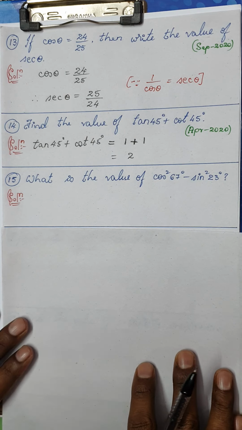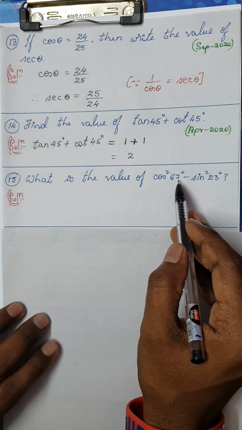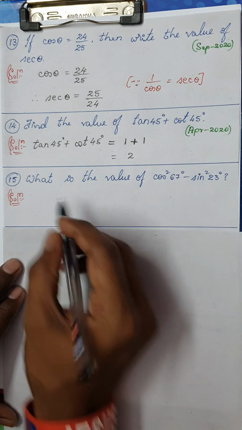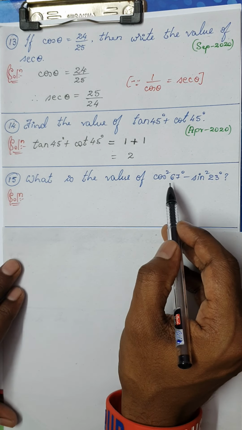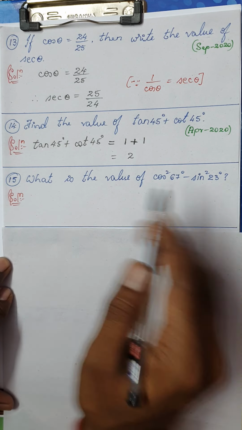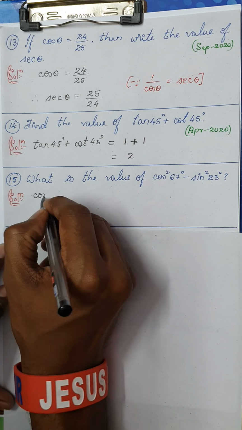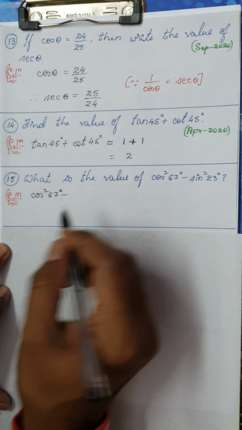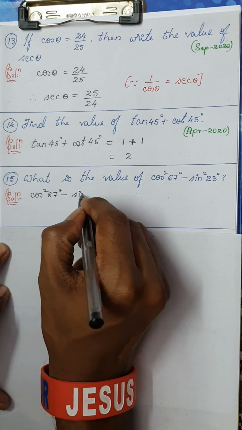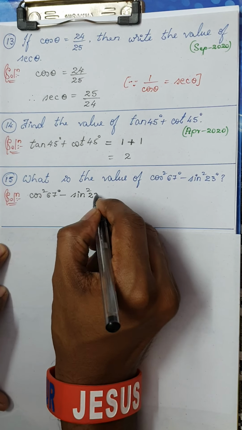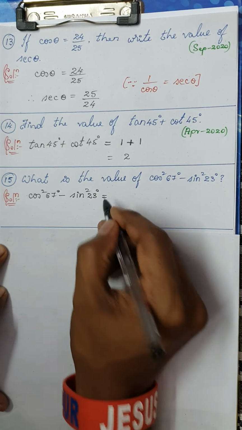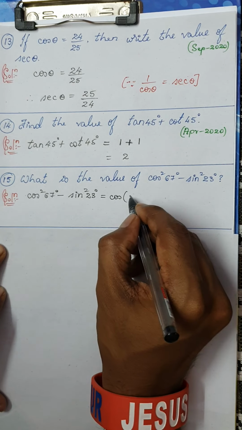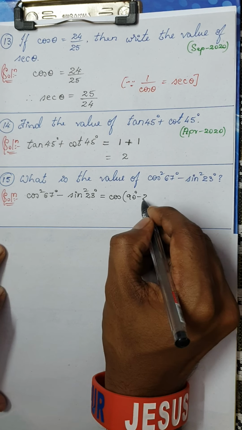What is the value of cos square 67 degrees minus sin square 23 degrees? Okay, we almost solved this. In the 1 mark questions, the first question we solved was more or less like this. There it was multiple choice, here it is descriptive. So cos square 67 degrees minus sin square 23 degrees is equal to, okay, so I will change this 67 as 90 degrees minus 23.